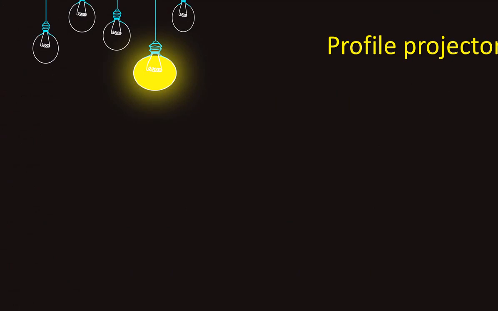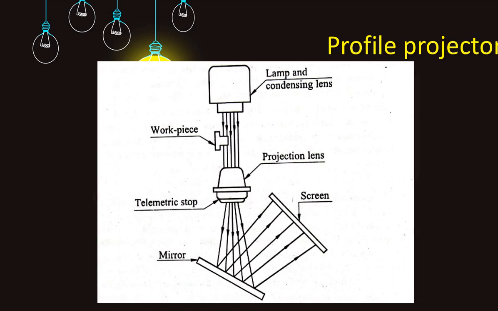Now, let us check the figure of the profile projector to check its construction and working. This is the figure of a profile projector. The workpiece to be inspected is mounted on a table such that it is in line with the light beam coming from the light source.